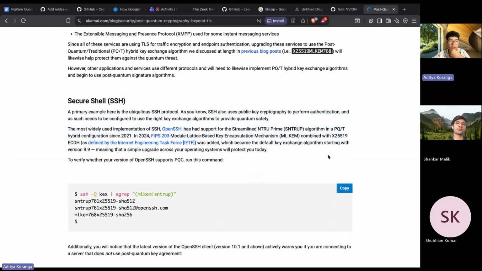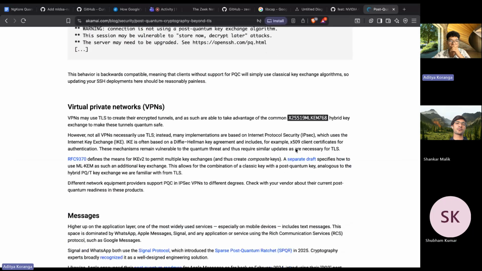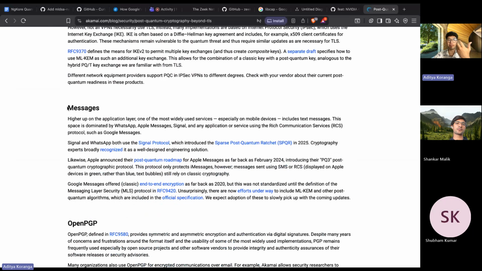this is so cool. For messaging, the most widely used are either Signal, WhatsApp, or Apple Messages. WhatsApp and Signal use the Signal protocol. And Signal, last year, I think around the OpenSSL conference event, came up with a new version of their Signal protocol, SPQR, the Sparse Post-Quantum Ratchet.